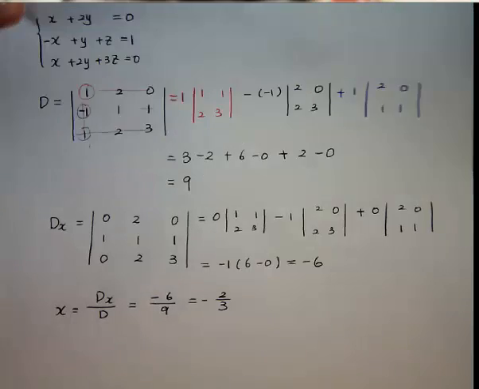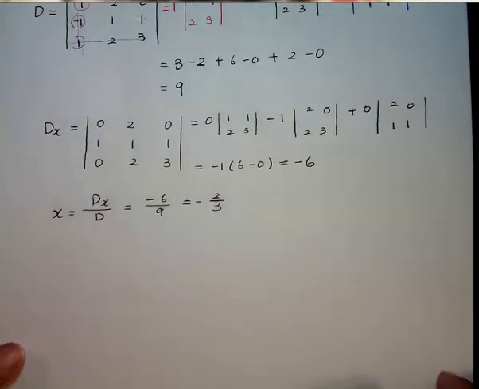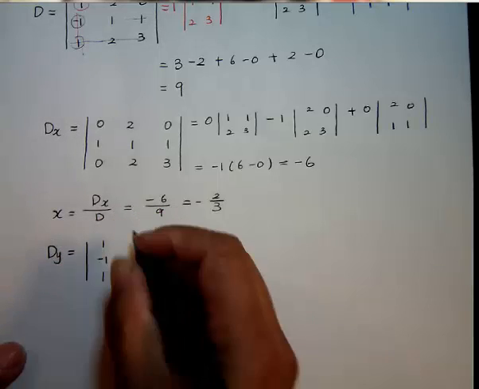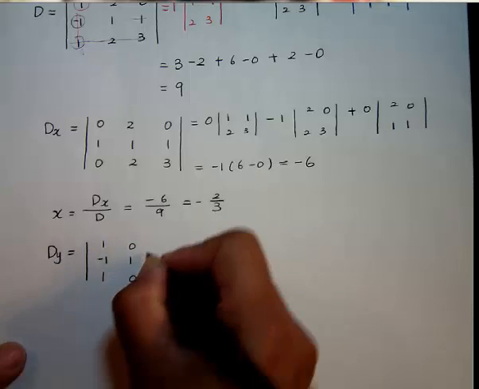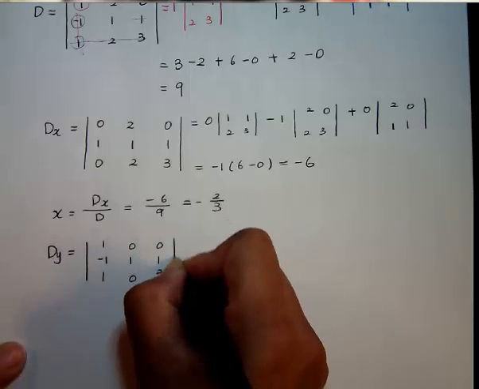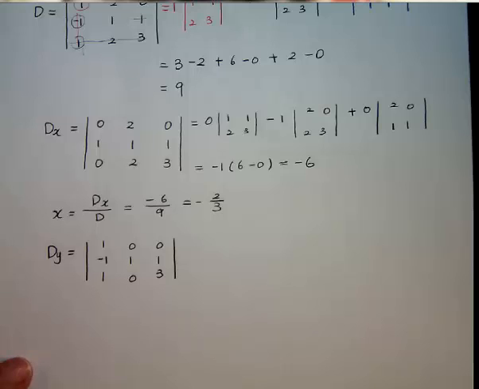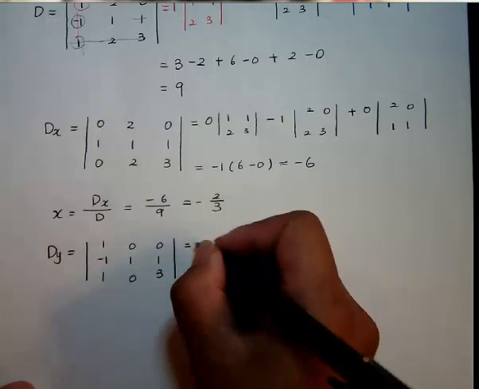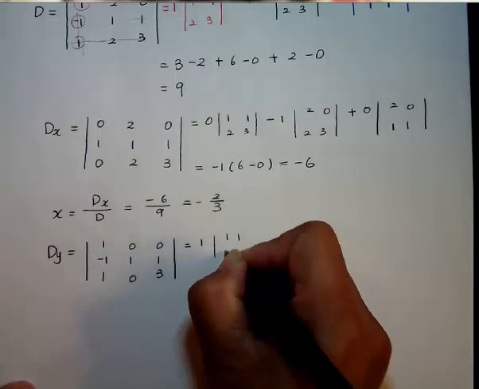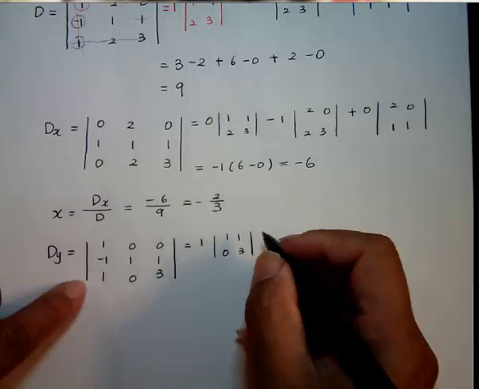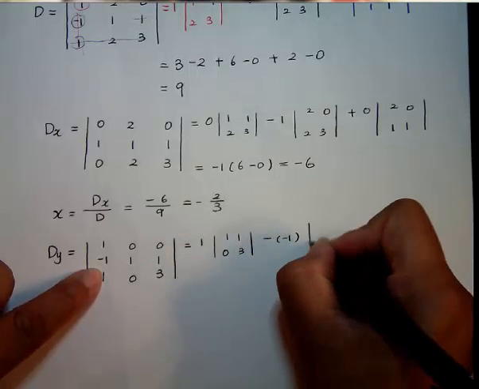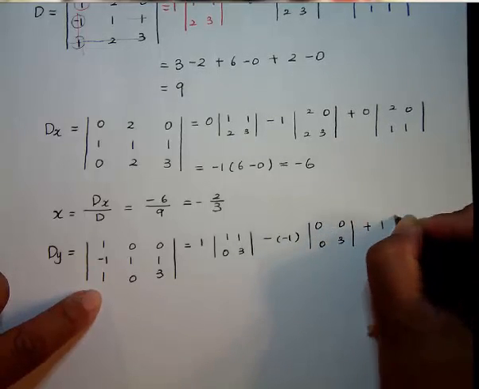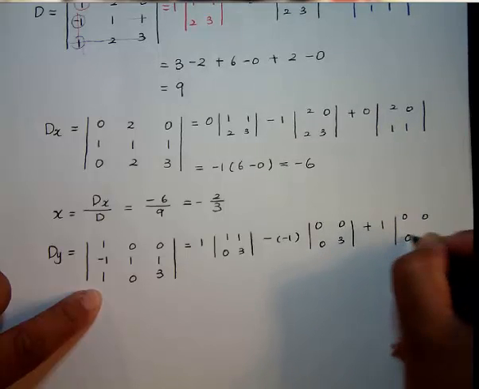Similarly, we are going to find dy to find y and dz to find z. In dy, replace the y coefficient by the constant, so 0, 1, 0, 0, 1, 3. That will equal 1 times the determinant of 1, 1, 0, 3 minus negative 1 times the determinant of 0, 0, 0, 3 plus 1 times the determinant of 0, 0, 0, 3.